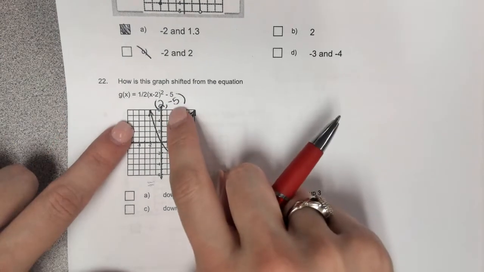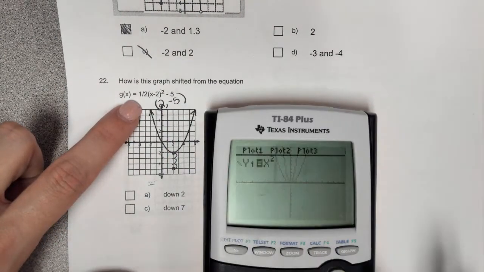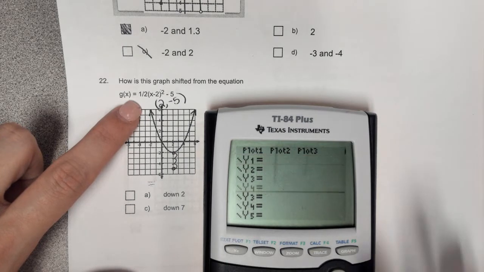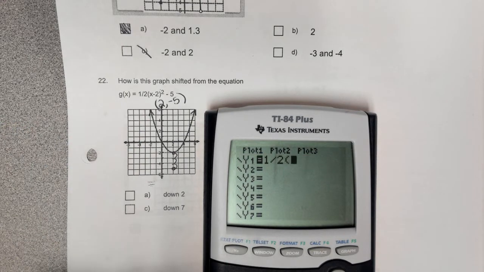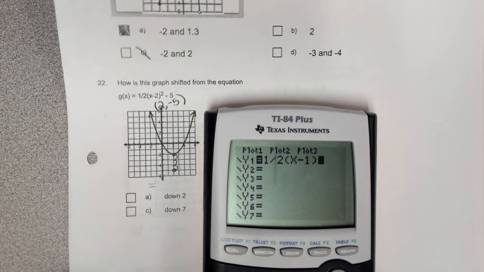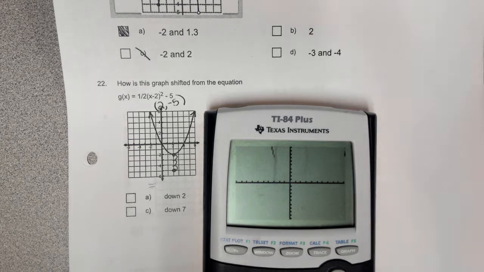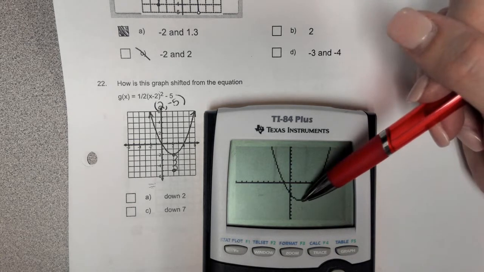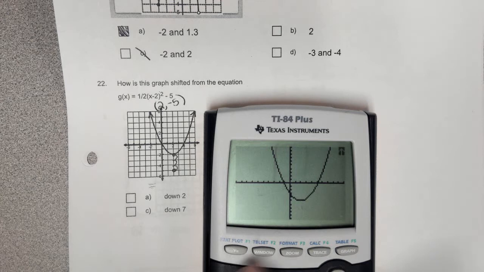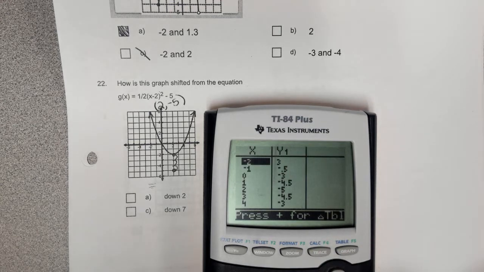Now, maybe you forget how to pull out your vertex. You could plug this in: y equals 1/2 parentheses x minus 2 squared minus 5. And if I look at the graph, I can see that the vertex is somewhere over here. Let's find the specific point on the table.